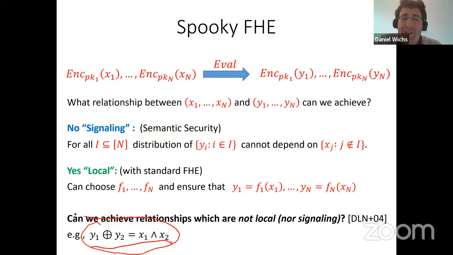There was a very interesting work that constructed some variant of SNARKs that essentially made the assumption that if you get a bunch of encrypted X's and produce a bunch of encrypted Y's, then each Y can only be a local function of the corresponding X. It's not clear if that's generically true, and so we're asking that. Can you actually create some non-local relationships as well?